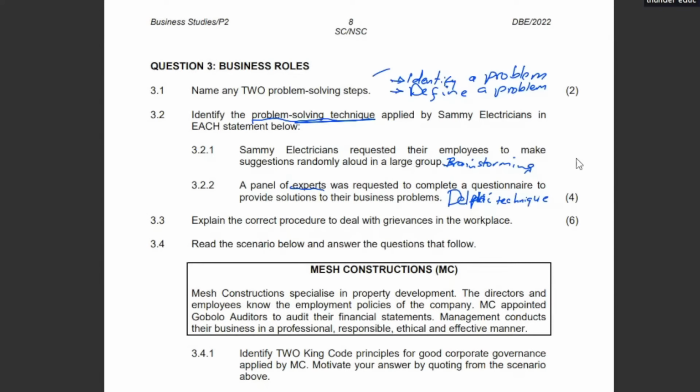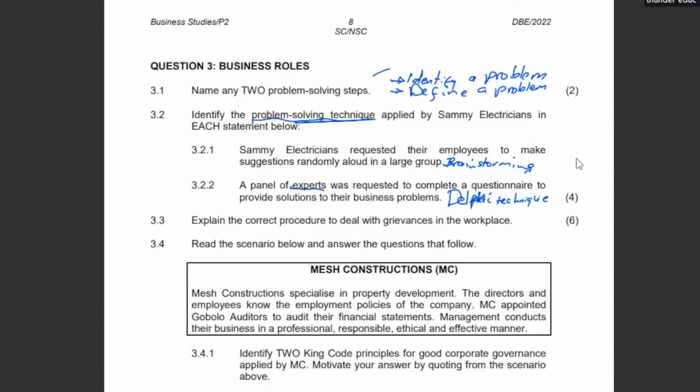Okay, so I'll come again. An aggrieved employee must verbally report the incident or grievance to their supervisor or manager. Also, the supervisor or manager needs to resolve the issue within 3 to 5 working days. And also, should the employee and the supervisor not be able to resolve the grievance, then the employee may take it to the next level of management.